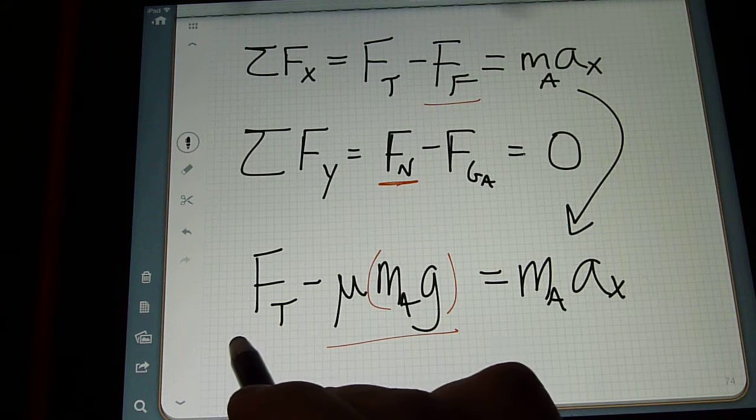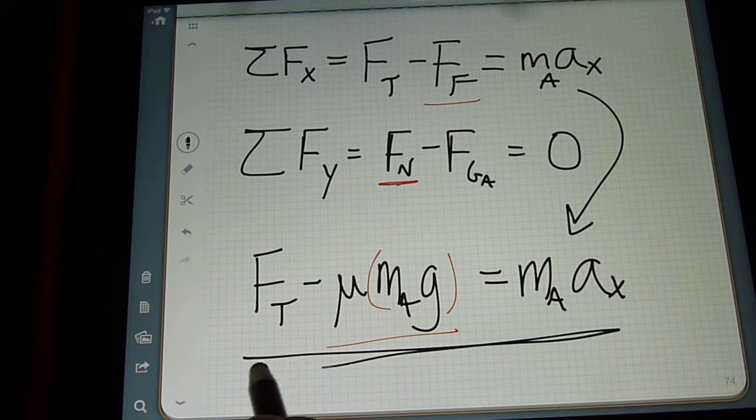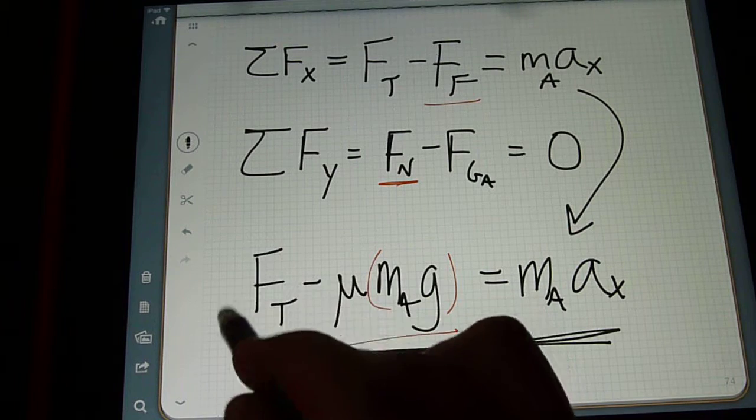So then we have a system of two equations, two unknowns, where we would solve for one of those.